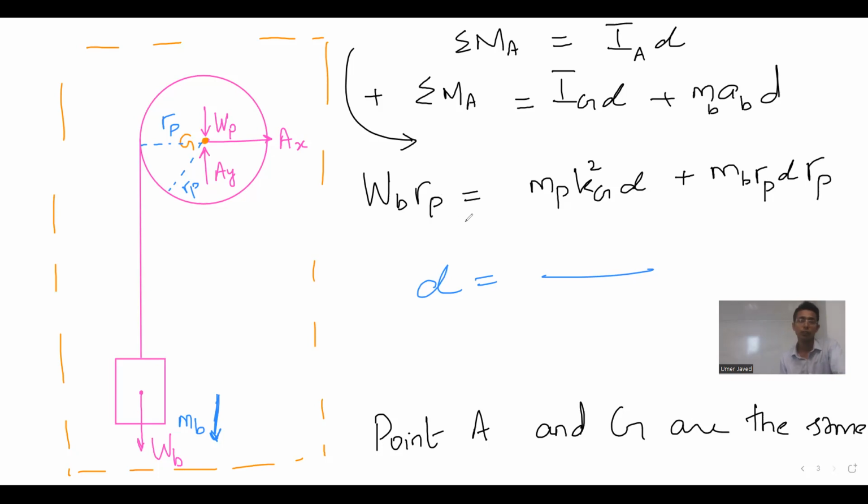There are students who are saying, but why did you put WB RP on the left hand side? So you can see that WB RP will give me the anti-clockwise moment. This is equal to the fact that this fellow accelerates and this fellow also accelerates as it falls down. So actually WB RP gives me the moment.